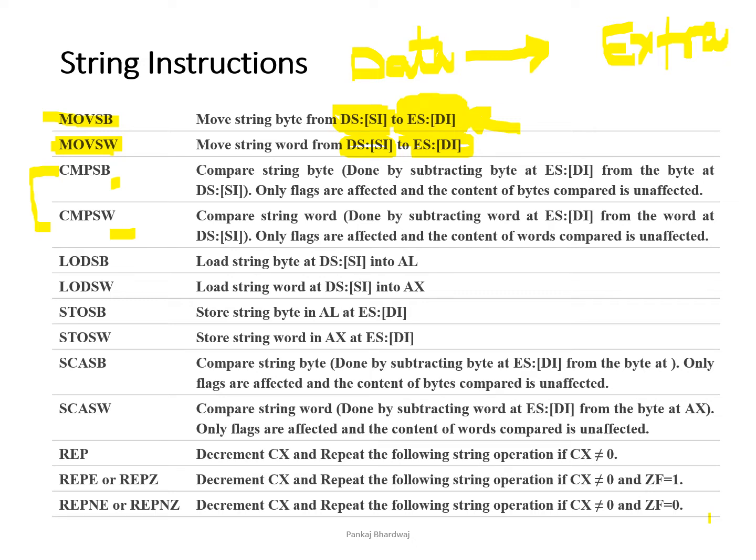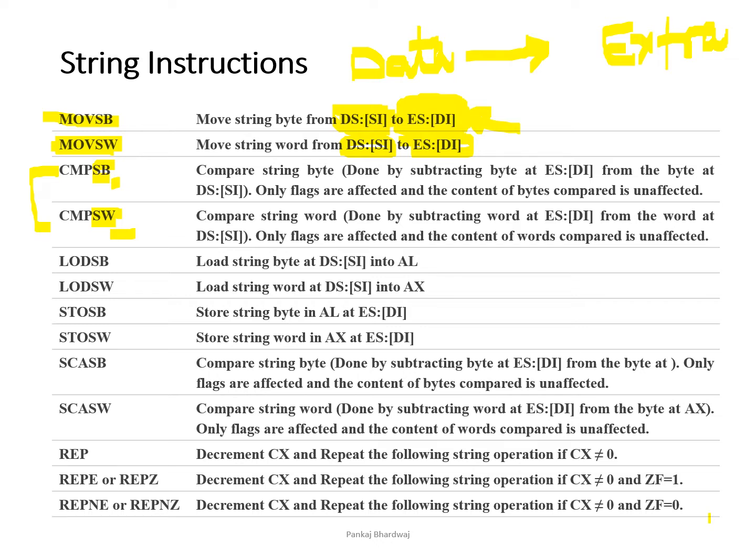No data is changed other than the flag status. So CMPSB means we are comparing 8 bits or 1 byte, and CMPSW means we are comparing 16 bits or 2 bytes.